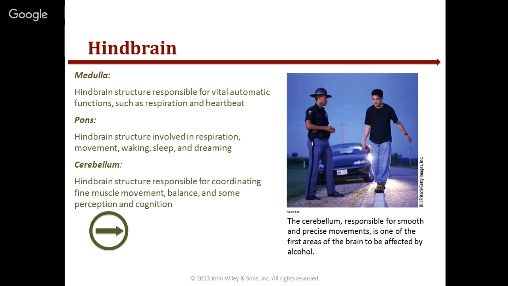This part of the brain allows automatic function for your respiratory system as well as your cardiovascular system, your heart and respiration. While your pons, also part of your hindbrain structure, allows you to move, also part of your respiratory system, walking, sleeping, dreaming, all of that is a part of the function of your pons.